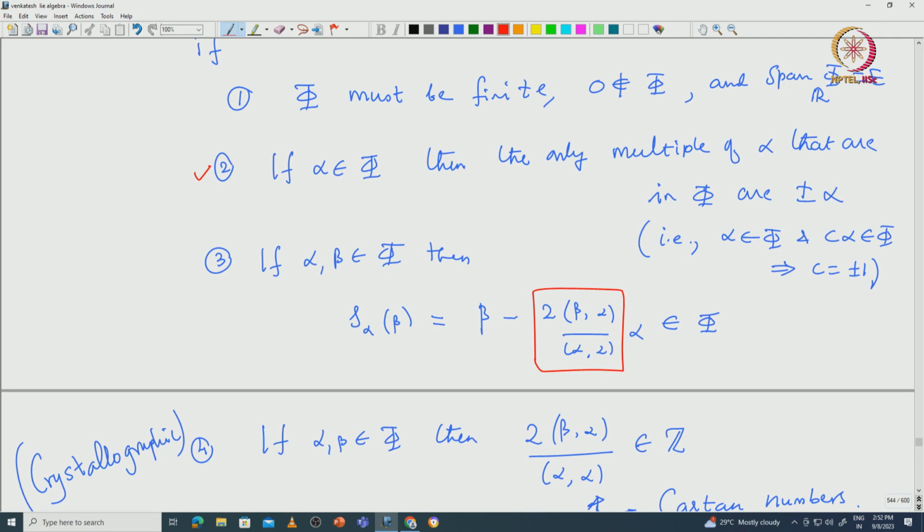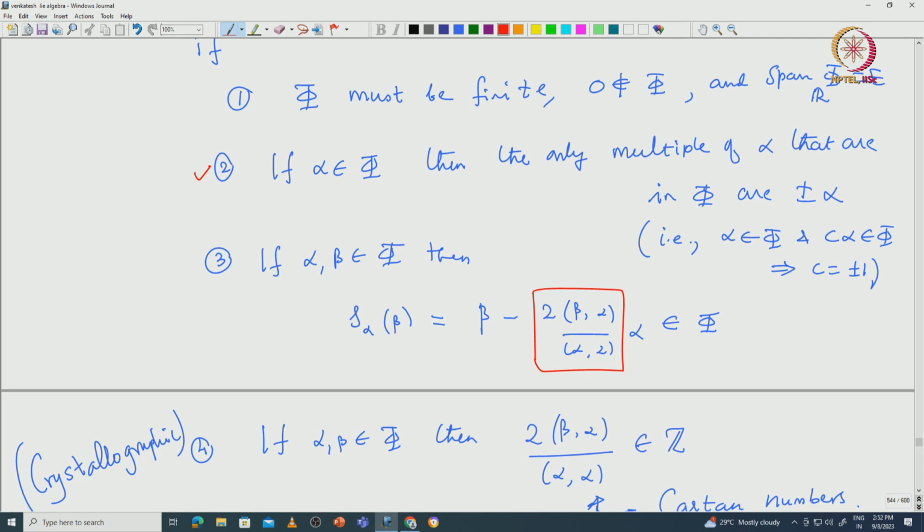In the literature, we can see that root systems pop up in many different places in Lie theory. For example, they come naturally from the theory of finite reflection groups, and also in other places like affine Lie algebras, where we have to consider a somewhat more general setting.